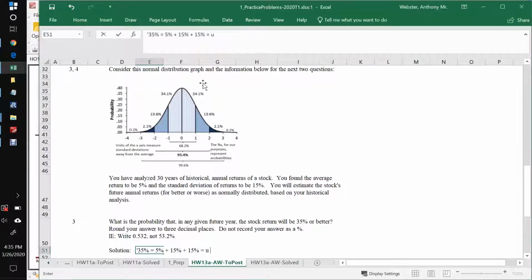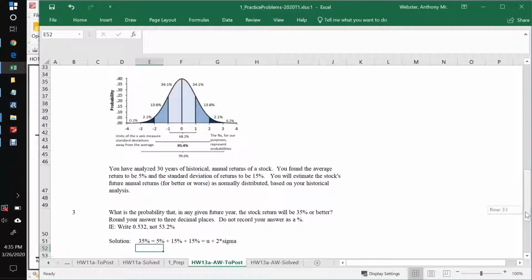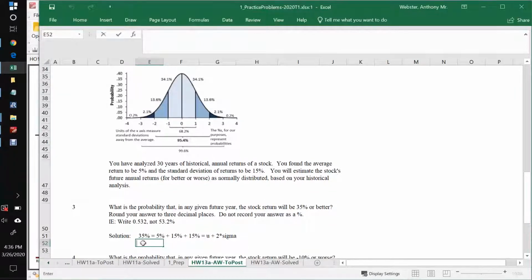Remember, we're saying that these returns are normally distributed, so we can use mu for the normal distribution plus 2 standard deviations. Okay, so once we have noted that, and that's going to be an important first step, then we can go on to completely solve the problem here.